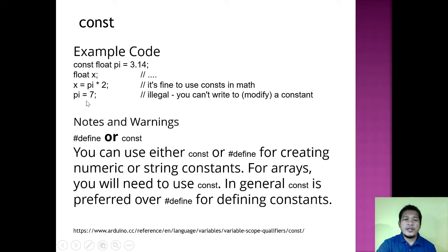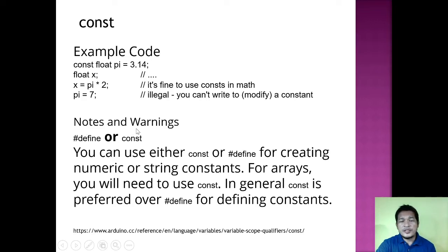This is not part of the programming, because this one itself will justify that pi, that is 3.14 times 2, is almost equal to 7. So pi is not equal to 7 because we declared pi is equal to 3.14.